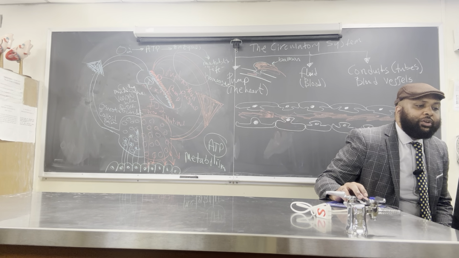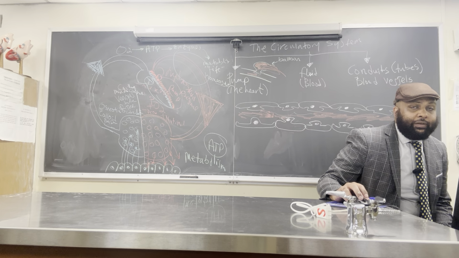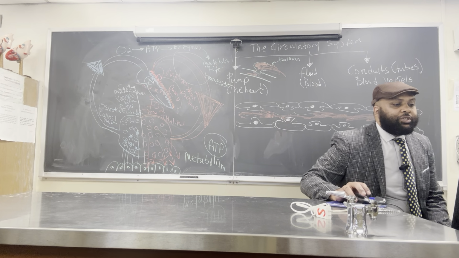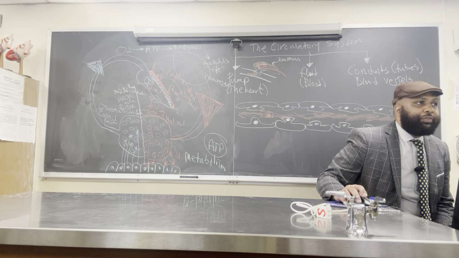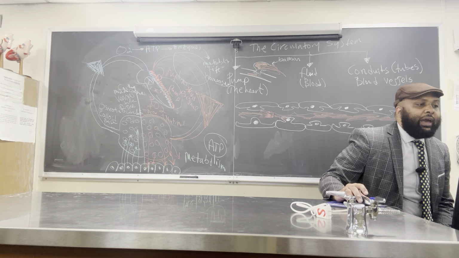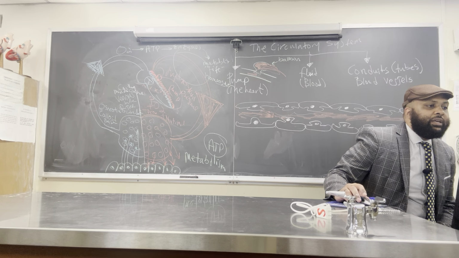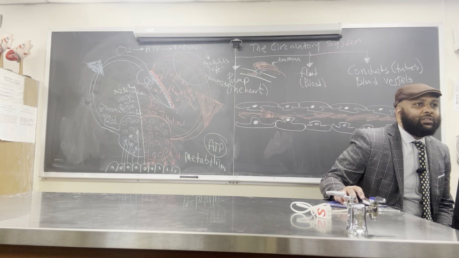And the farther you go away from the heart, you see how thin they get. They get really thin when they're far away from the heart. You must also understand, we discussed that we have three tunics, three levels. The tunica externa on the outside, the tunica media in the middle, and the tunica interna on the inside. Is that clear?